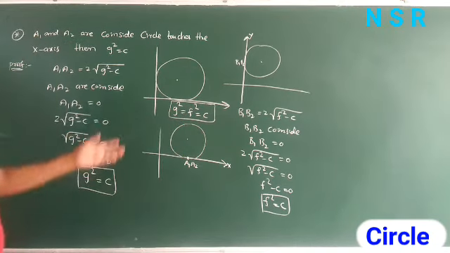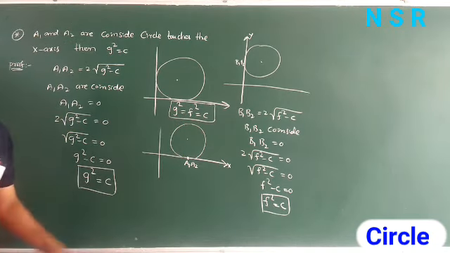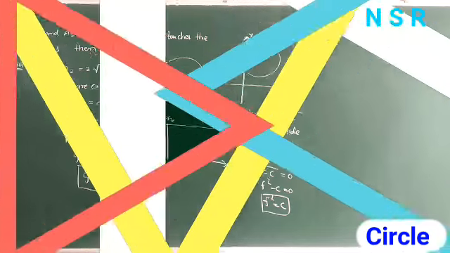So this is the condition for a circle touching the x axis, the y axis, and both axes. If the circle touches the x axis, g square equals c. If the circle touches the y axis, f square equals c. If the circle touches both x and y, we get g square is equal to f square is equal to c.